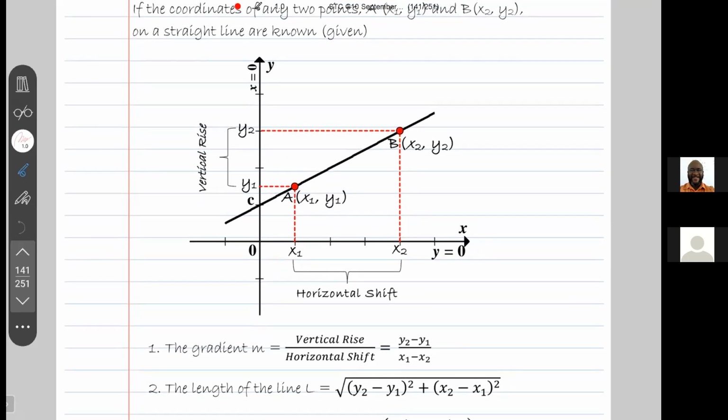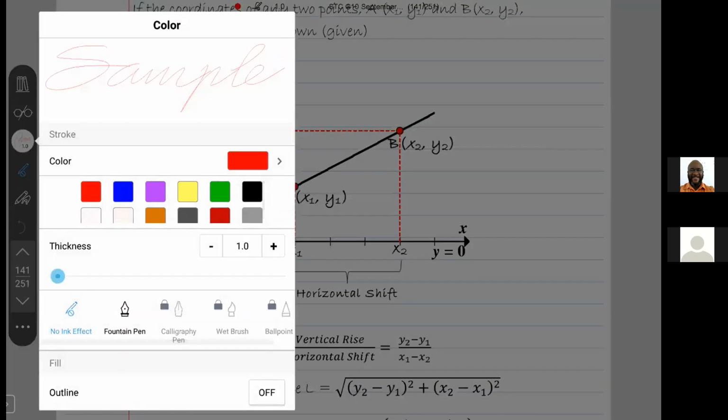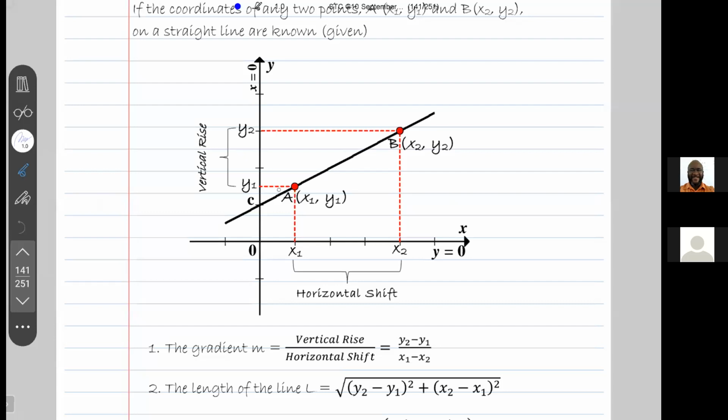Let me try and see if I can explain this idea of vertical rise over horizontal shift to you. All right, let us say I'm moving from A to B.